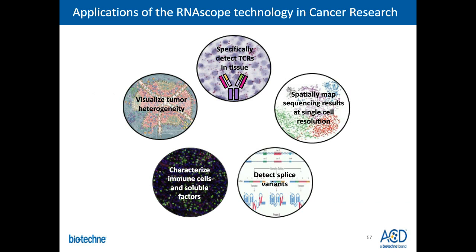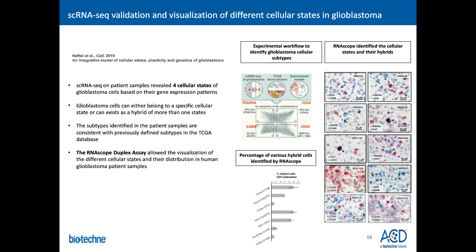We look at the application of the RNA-scope technology in validating single-cell RNA-seq data, which has come about as a significant technique last decade because it allows for detection of RNA expression at the single-cell level and gives you high throughput data analysis.